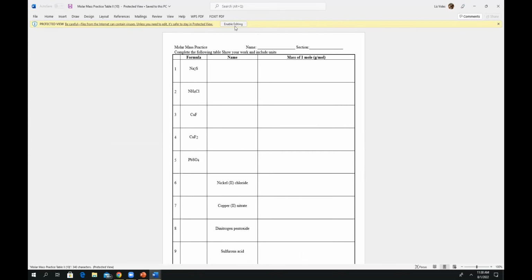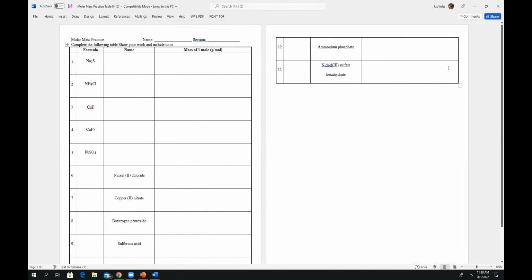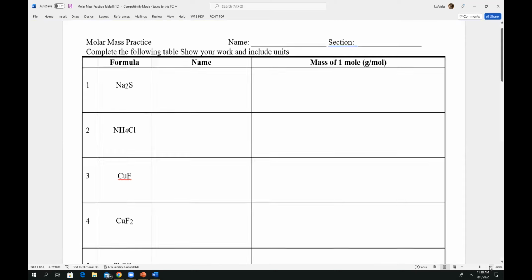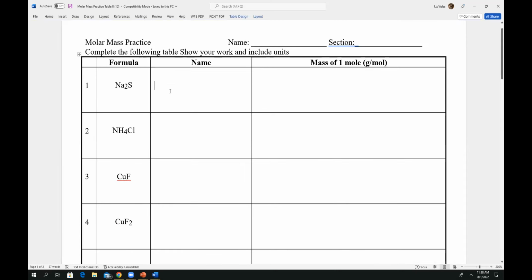All right, so for this one, we're going to do it really quick and we're going to just add. The name of this one, and I did this on purpose, is sodium sulfide. Okay, so the mass of 1 mole is going to be like this. You're going to have 2 times the mass of sodium in the periodic table, and you want to use every bit because we're not doing protons, neutrons, electrons, right?